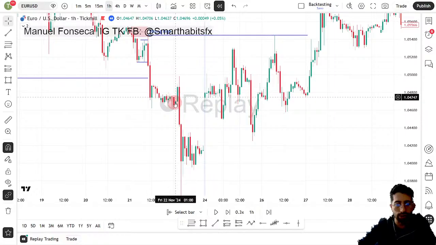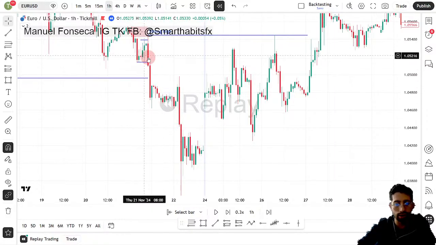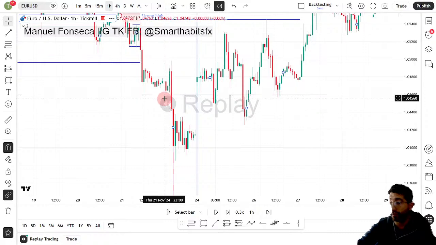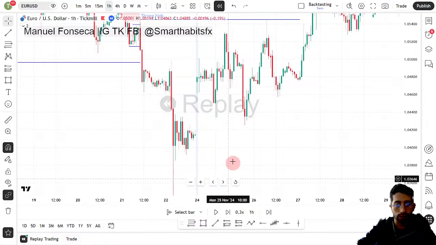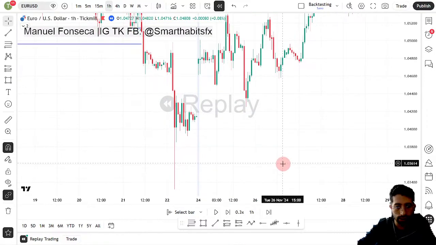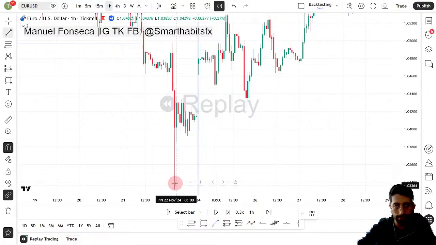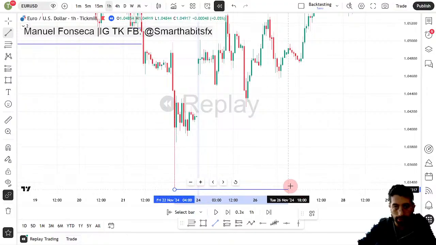Then it continued pushing down, and this cannot be confirmed as a new strong high because it reacted at an imbalance, but not another order block or the beginning of a candle wick. So then we have this, which is the lowest low in the market. This one. This is impressive.